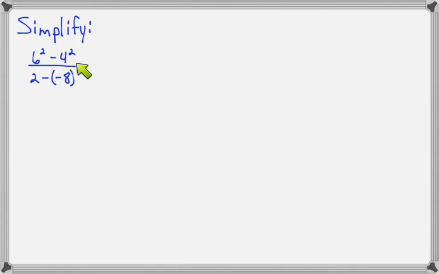Got a couple more fraction bar examples for you. Let's look at 6 squared minus 4 squared over 2 minus -8. Okay, so in the top, we have 6 squared minus 4 squared, and PEMDAS says that exponents have to come before subtraction.